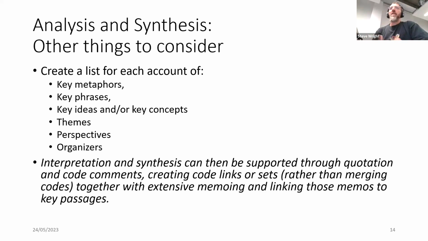There are also other things that you might not copy and paste, but might be very relevant to the analysis and the synthesis. So, for example, if you're reading through the papers and the people are starting to use metaphors or phrases, or they talk about the themes they found, what perspectives were there, what organizing.